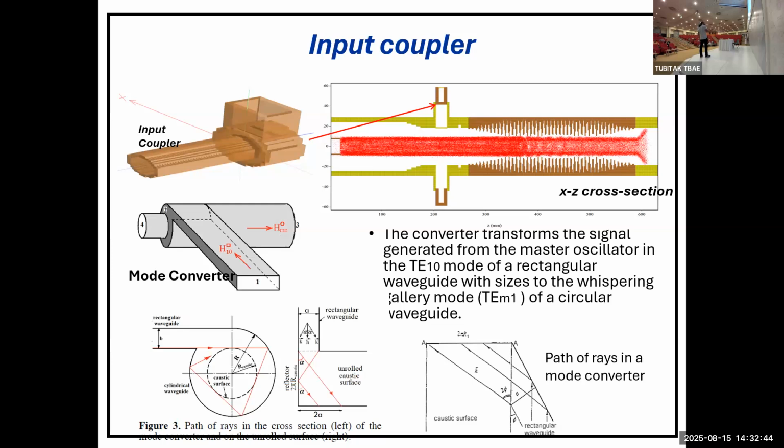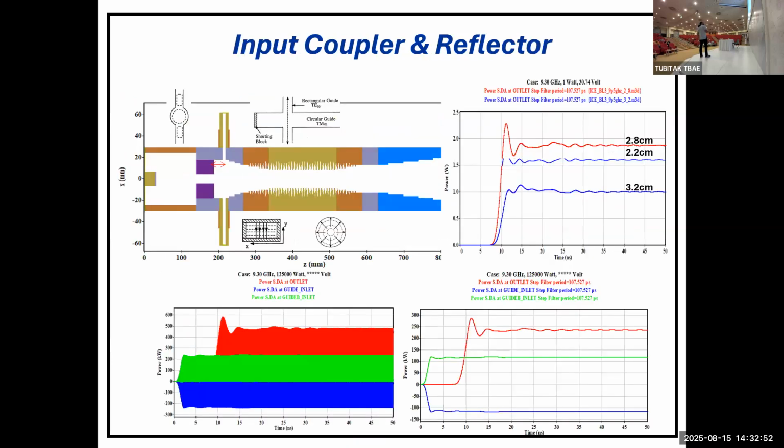So these are some other ideas for how to do the input coupler from Fuchs and others. The input coupler is basically coupling from a rectangular waveguide TE10 to circular waveguide TM01. It's magnetic coupling, because if you look at the magnetic field, you'll see it's not electric coupling. But for high power, you don't want to have two ports.